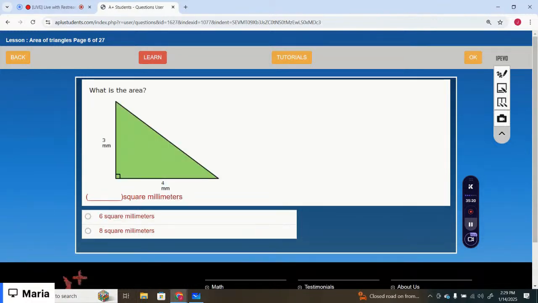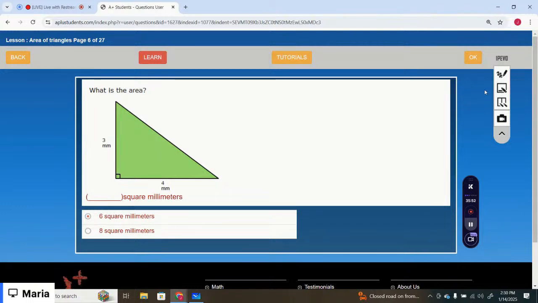Okay, what is the area, which is the correct option? 6 square millimeters.